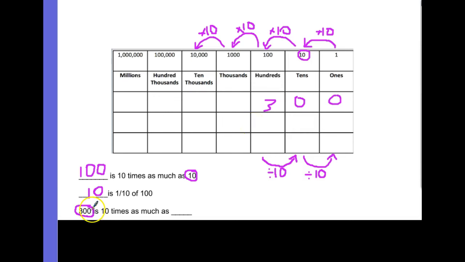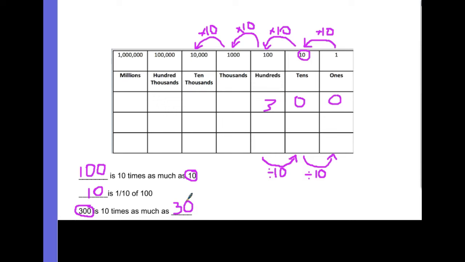300 is 10 times as much as what? Well, this is where it gets kind of tricky because you have to think about the wording. The answer, you're going to be looking backwards. I could say that 300 is 10 times greater than that, basically. 300 is 10 times as much as 30.